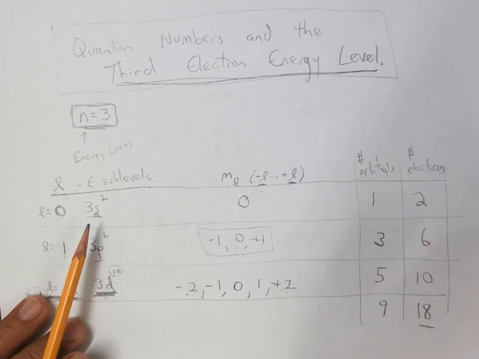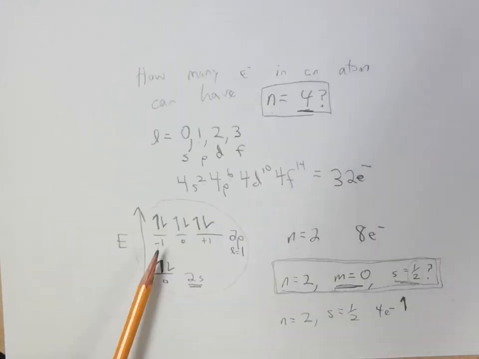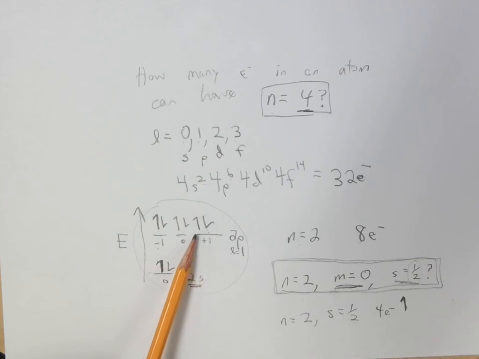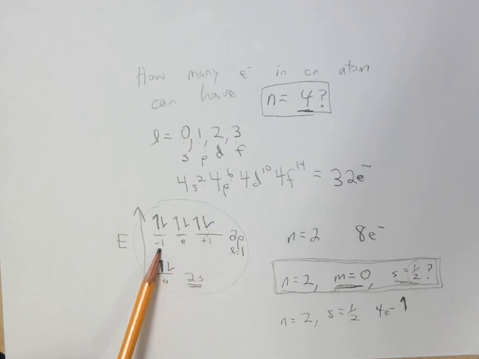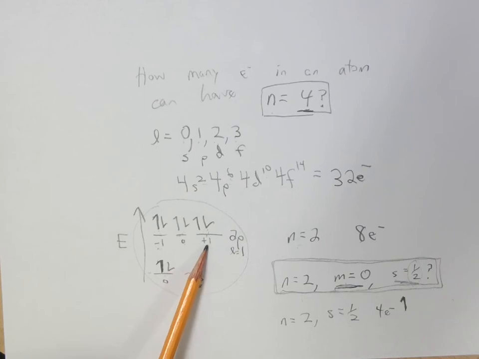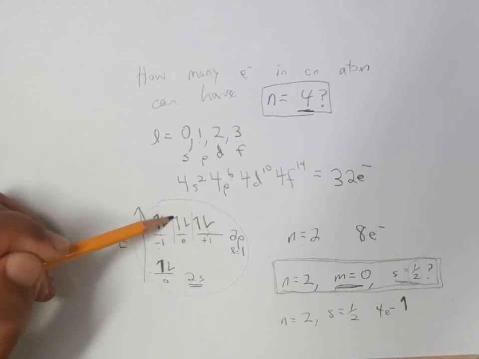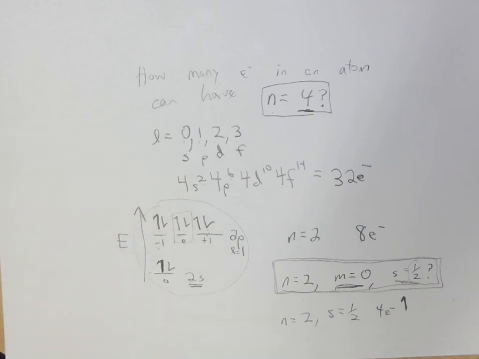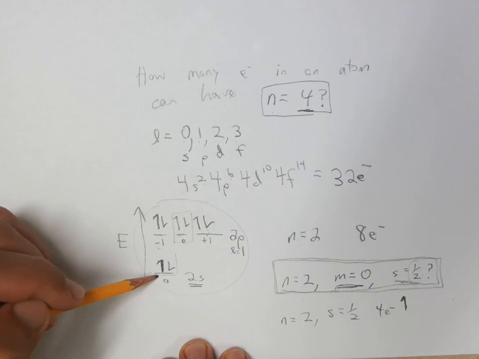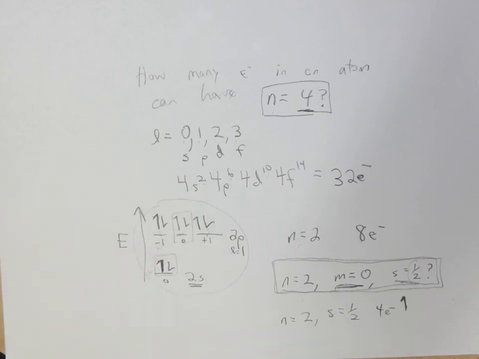We don't know which one is which unless you put it in a magnetic field, but we know the 3 orbitals in the 2p sublevel have designations m sub L is -1, 0, and +1. So 2 of the p electrons have m equals 0, and 2 of the s electrons have m equals 0.